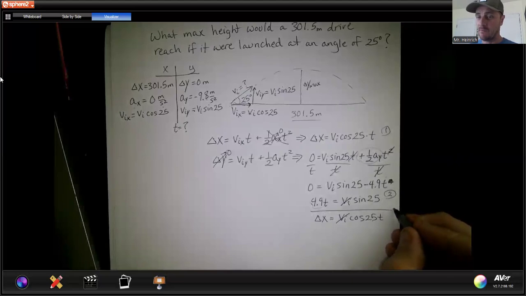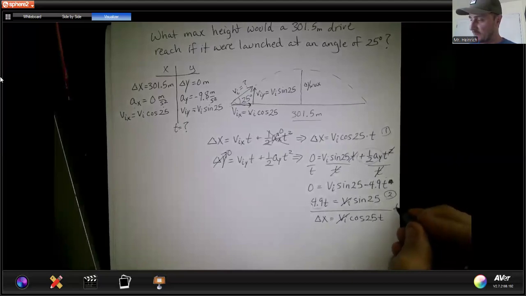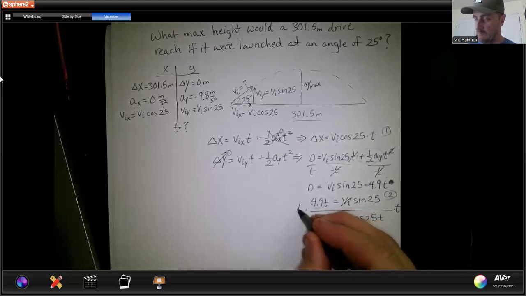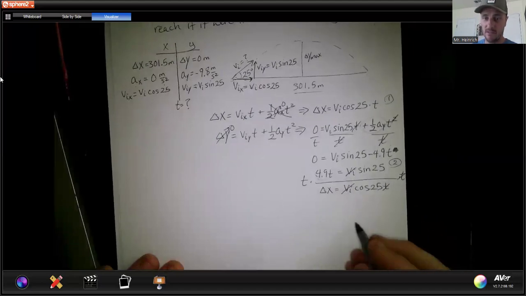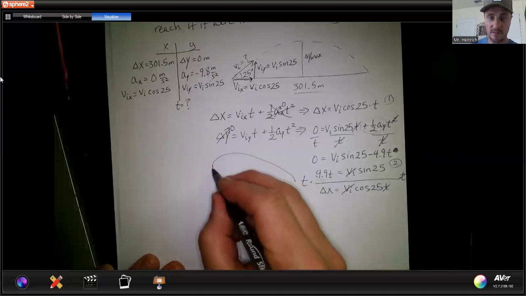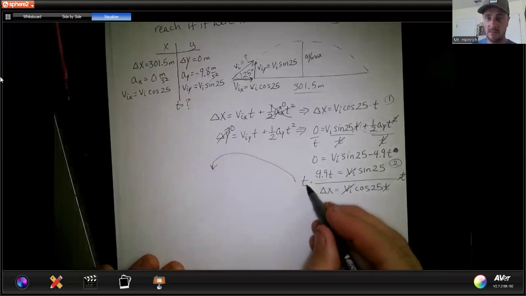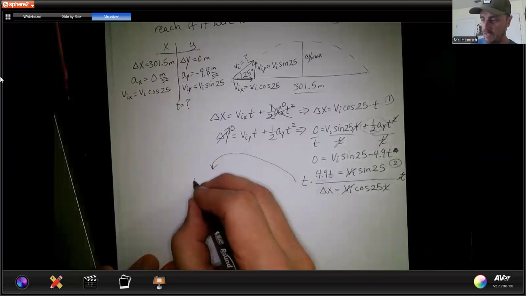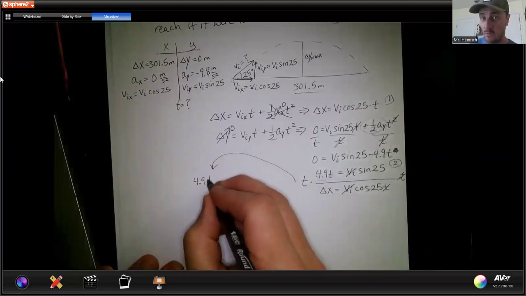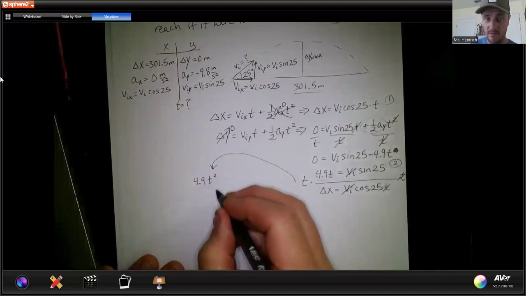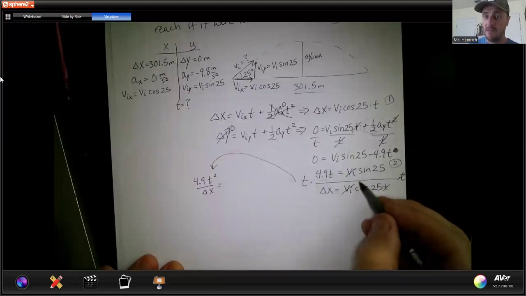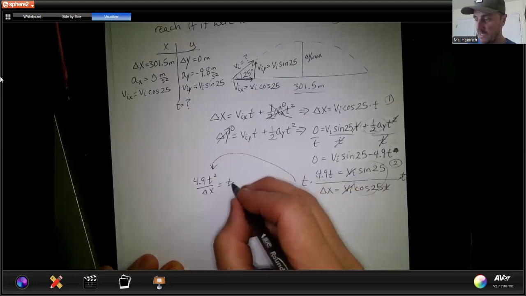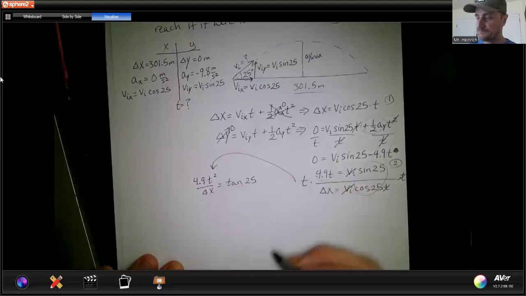So let's do something real quick. I know some of you know what I'm going to say next, but let's multiply both sides by t real fast. Okay, so this t and that t would cancel out. And I'm going to re-express this as t times 4.9t would be 4.9t squared divided by delta x equals, that's right, the sine of 25 over the cosine of 25 is actually the tangent of 25.